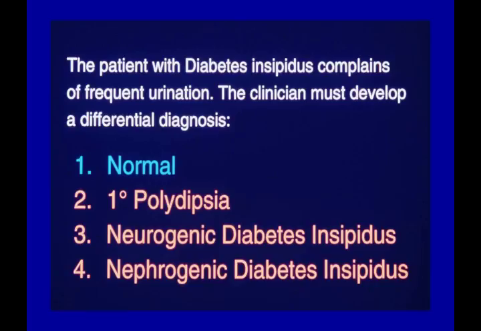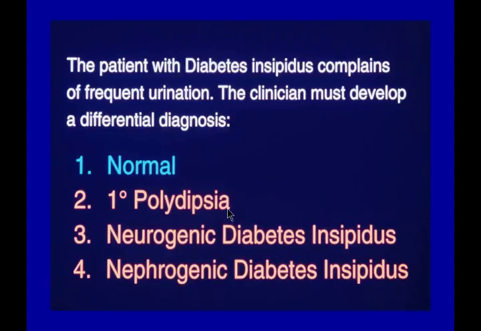Maybe they have a bladder problem that makes them need to urinate a lot, but there's nothing wrong with their system. Patients with diabetes insipidus can produce up to 10 liters of urine a day. So anything short of 3 or 4 liters a day probably is not diabetes insipidus. Short of 2 liters a day is certainly not diabetes insipidus. So it can be normal.